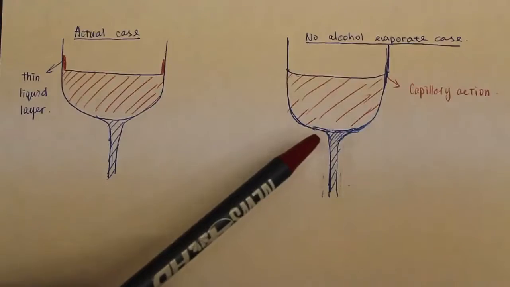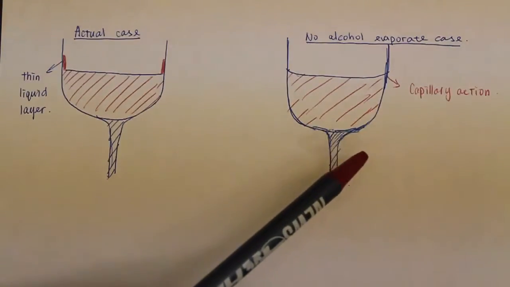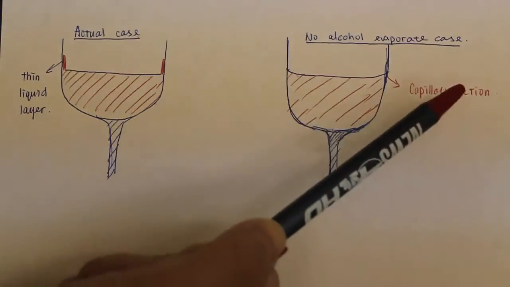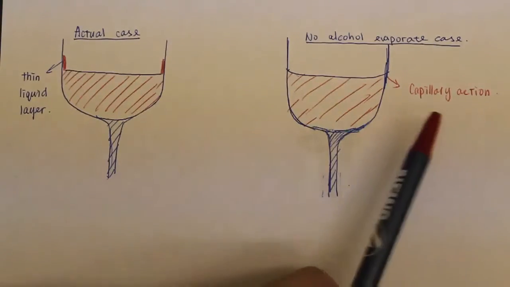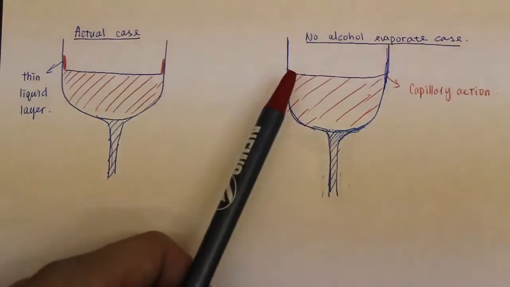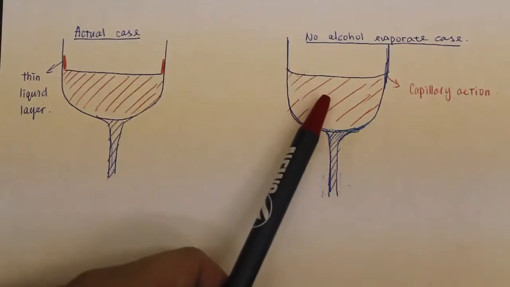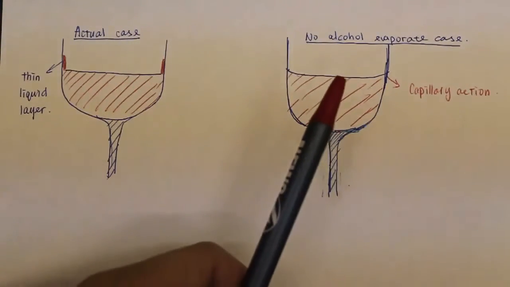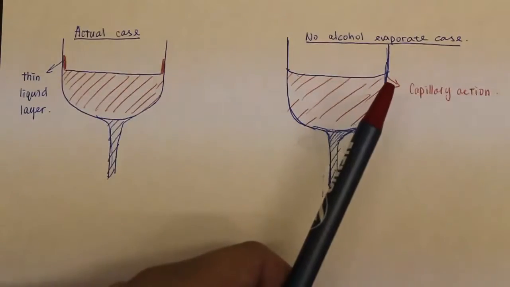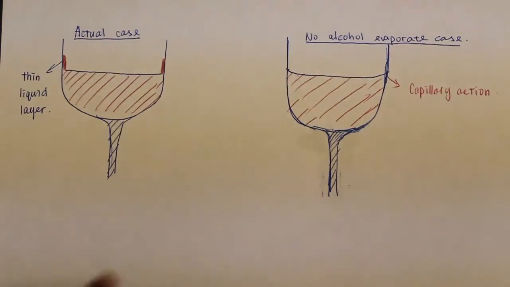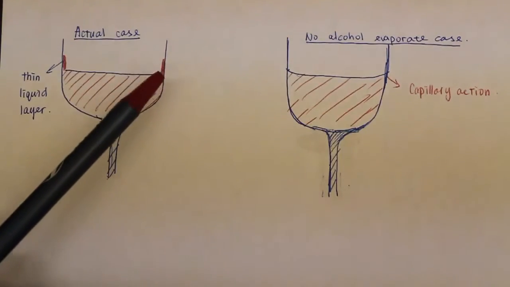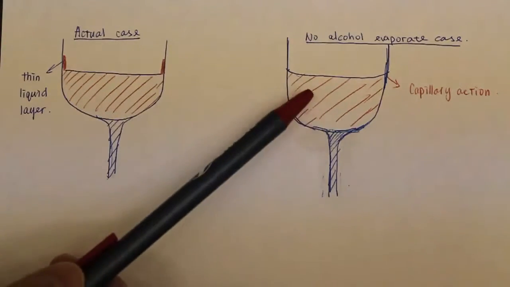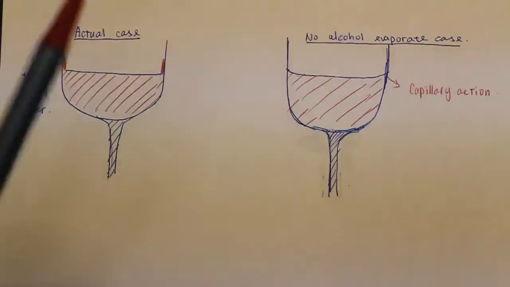And here is another imaginary case with no alcohol evaporation, which means after capillary action makes a curve between the glass wall and the wine body, no alcohol evaporation is performed. In this case, we won't end up with a thin liquid layer beside the glass wall, but we will only have the curve.